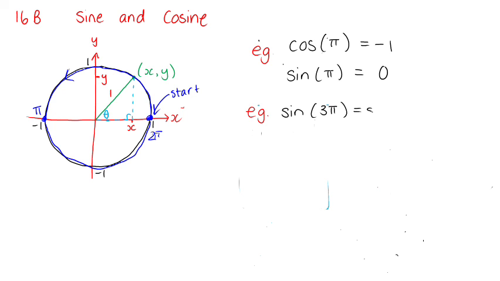So this is actually equivalent to sine 2 pi plus pi. 2 pi plus pi is 3 pi. We know that sine 2 pi just takes you back around to the start, so it's equivalent to 0. So you're just left with sine pi, which we already figured out was 0. It's the y value at pi.